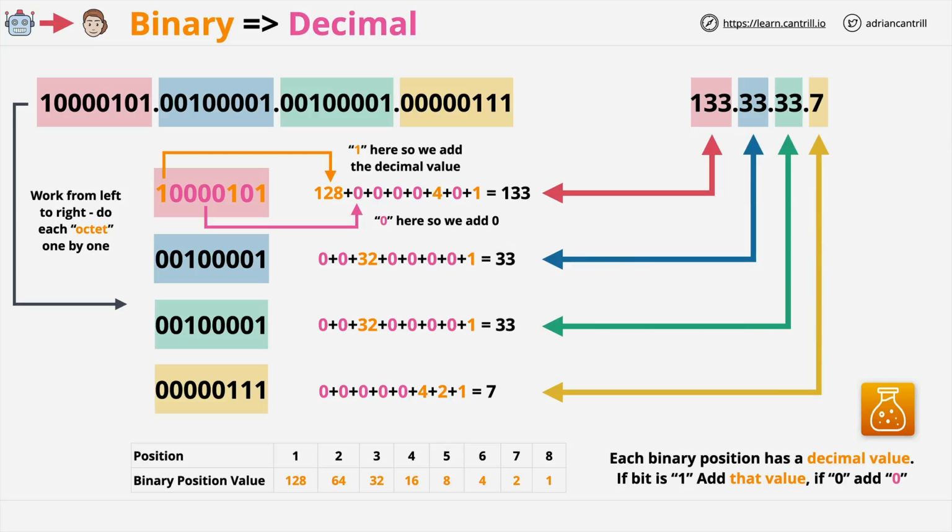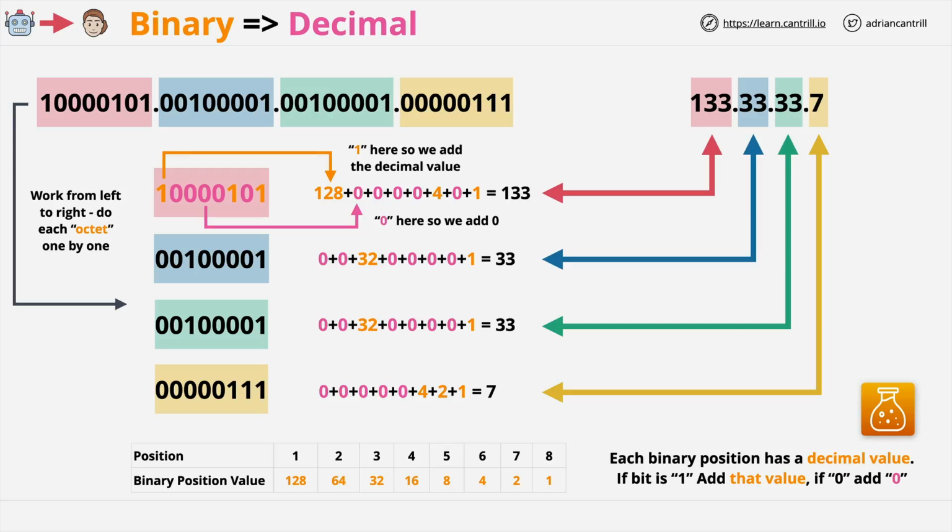We follow the same process for all of the remaining parts. So 00100001 represents 33. We just take each of the ones in each of the components of the IP address and look up the corresponding binary position value in the table. So in the second component of the IP address, there's a 1 in position 3, which is 32, and a 1 in position 8, which is 1, and this represents 33.